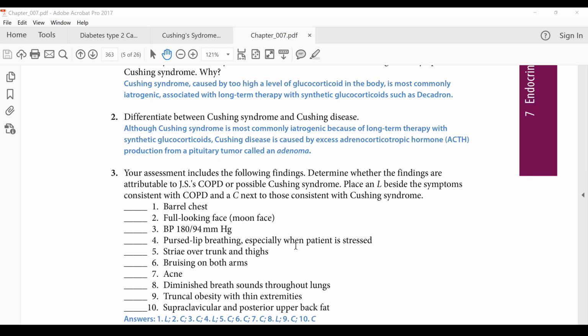So when you have Cushing's, we have increased cortisol. So we have stress, fatigue, skin. So it could be acne, they can have bruising, truncal obesity, which is basically small arms and legs, but the torso portion is big. Ecchymosis or bruising, increased blood pressure, striae to the extremities and the abdomen more particularly.